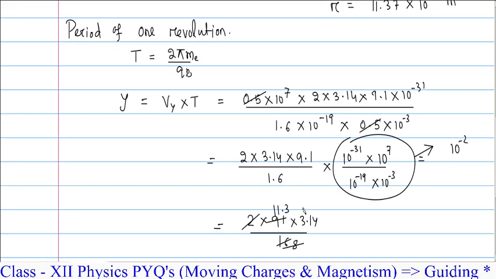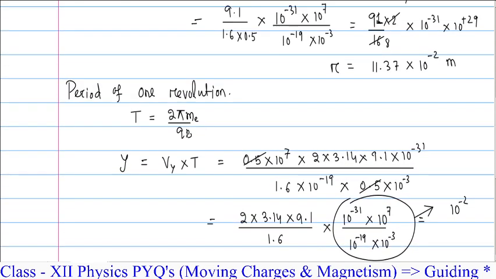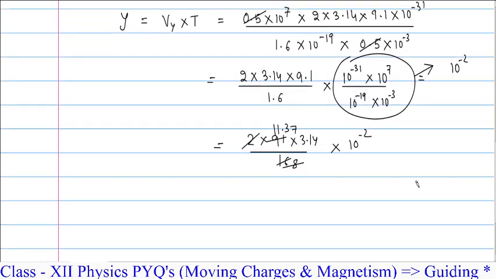So 11.37 into 3.14 into 10 to the minus 2. If we do the calculation of this one, approximately we'll be getting 33. Let it be 11.4 and here 3.14, let it be 3.2. So 33, approximately 35 around we'll be getting.